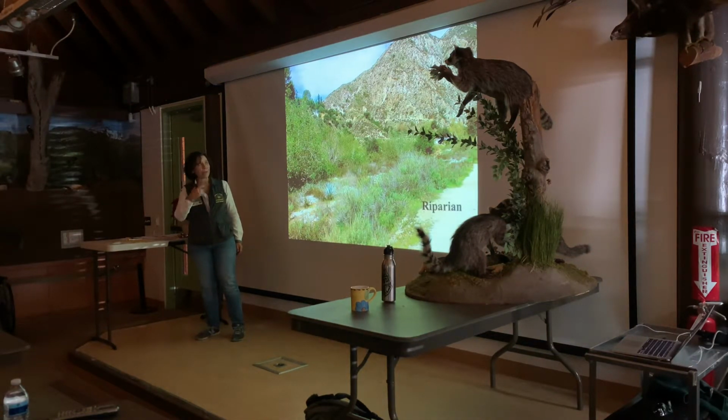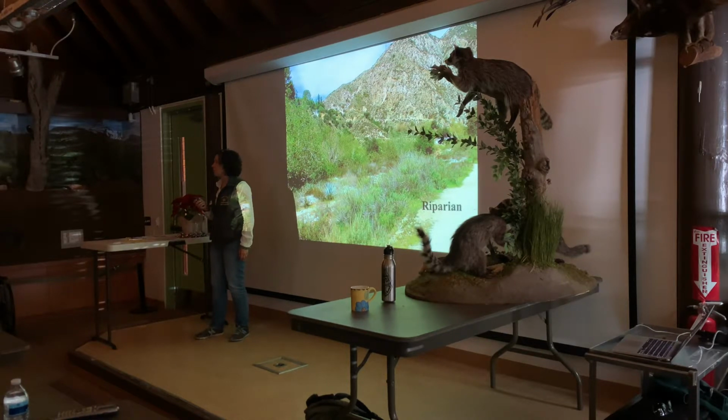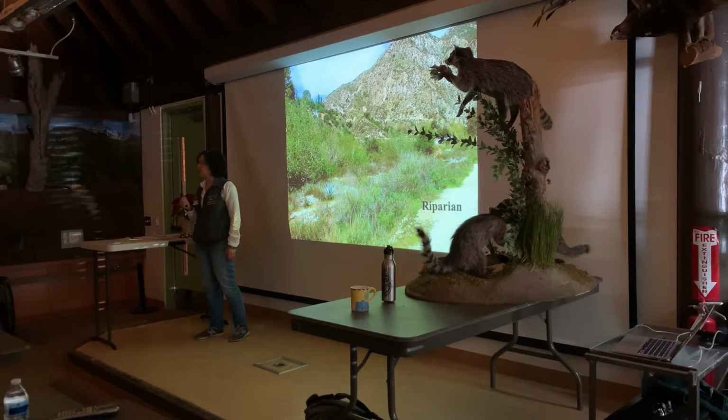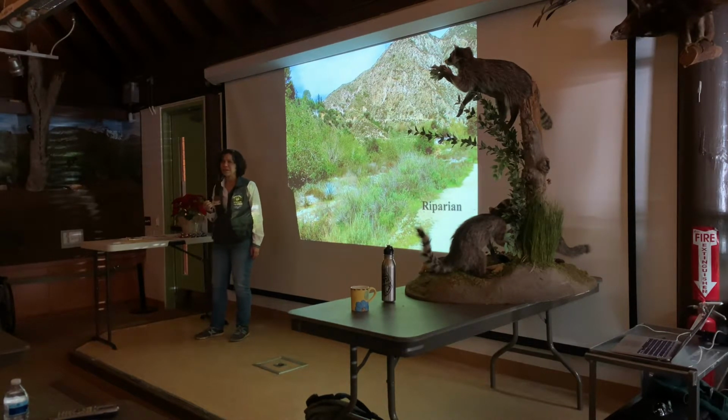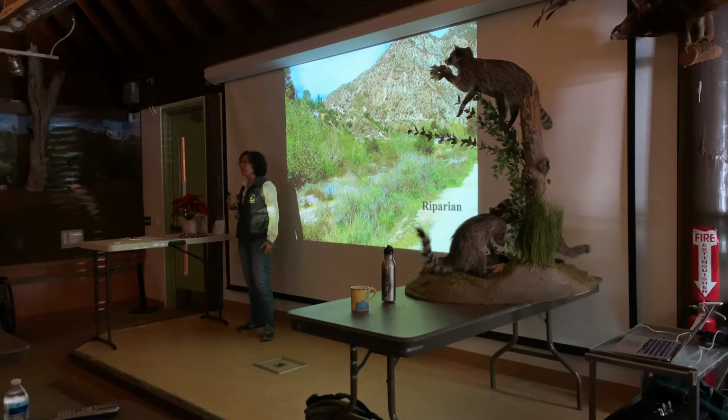And then we have the riparian ecosystem, which is along the stream. Placerita Creek is having a dry spell. It's changed in my time here. I've been coming here about 20 years, and the stream used to run every winter.